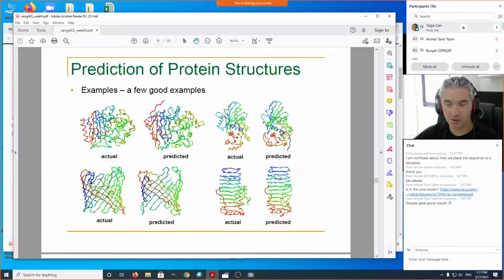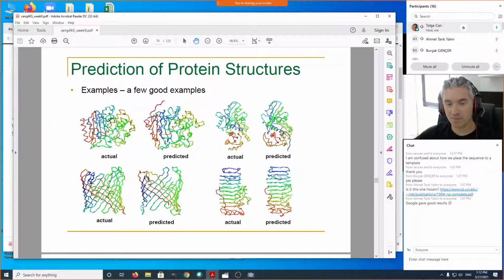One thing we are going to see is the RMSD, root mean square deviation measure, which tells us how similar those structures are in terms of their shape.